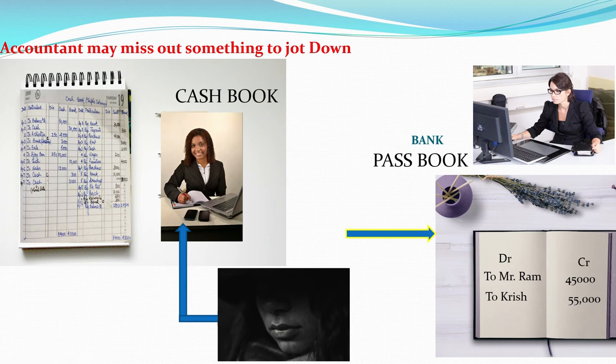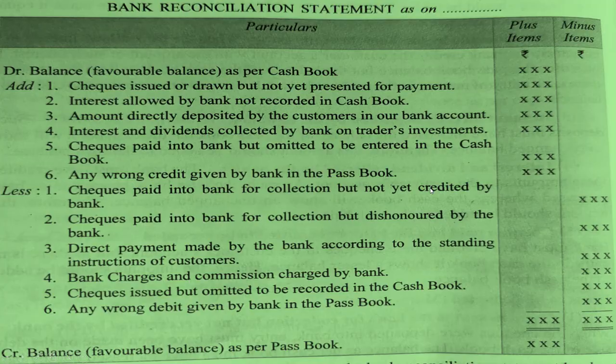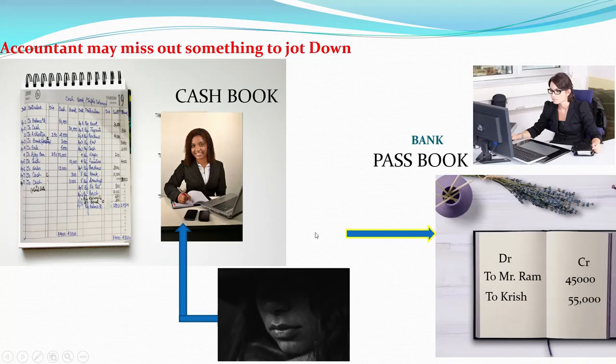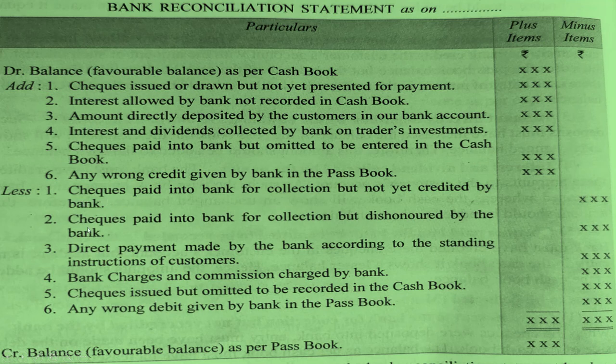It must be deducted from cash book also because that amount has been directly deducted by the banker due to the standing instruction. But the accountant of cash book doesn't have any information about it. So when the accountant is trying to match cash book and passbook balance in the bank reconciliation statement, the accountant needs to deduct the value of that payment done for the customer.